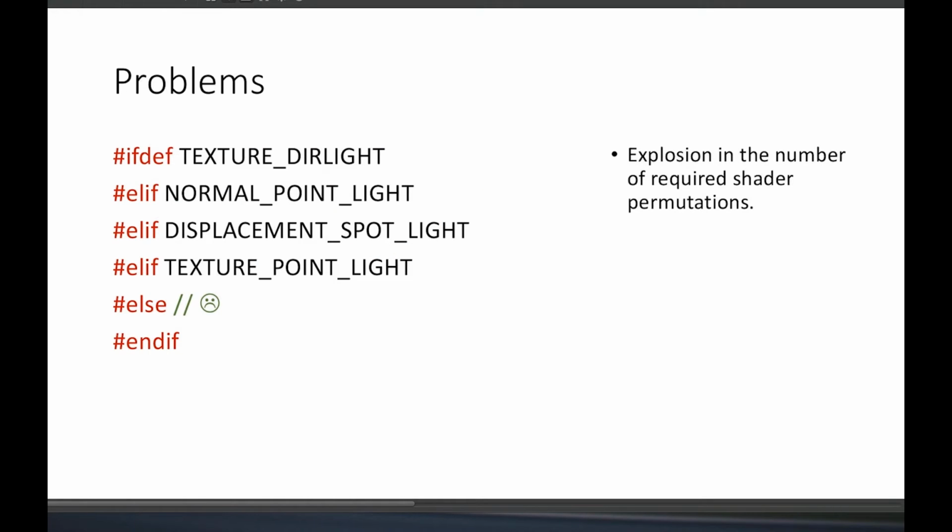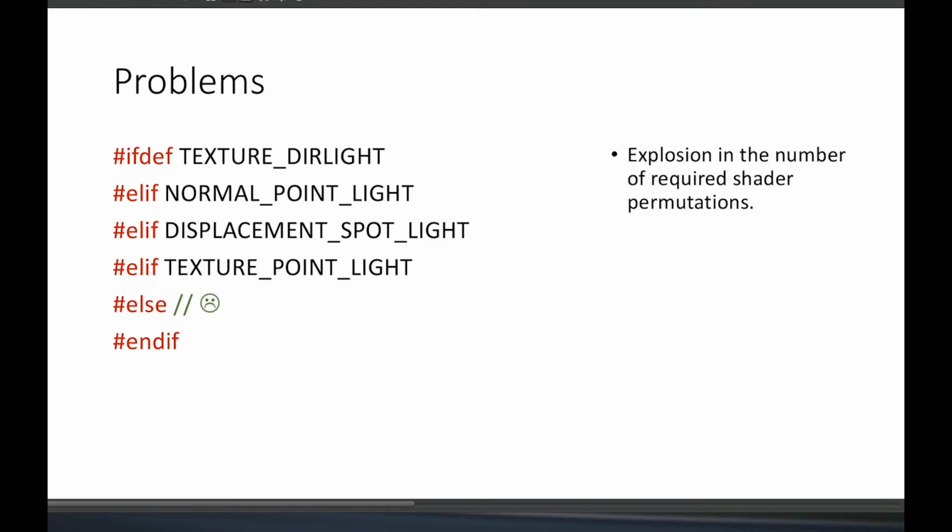Also, we have an explosion in the number of required shader permutations because, for example, if we put preprocessor directives in our shaders, we are going to do conditional compilation. If we want to use the technique texture mapping with directional light, we need to do something.